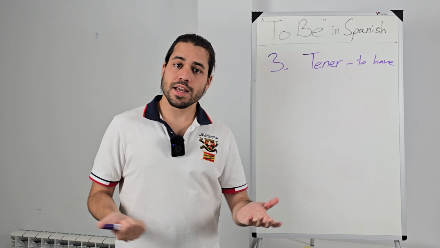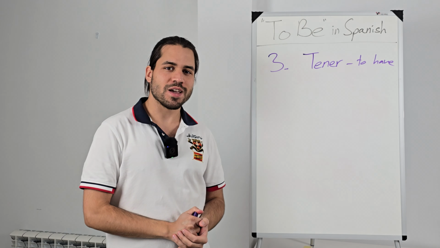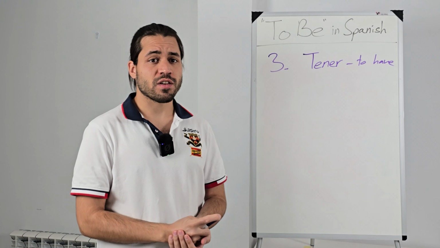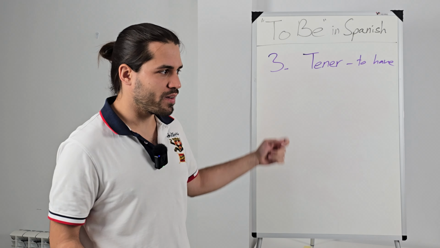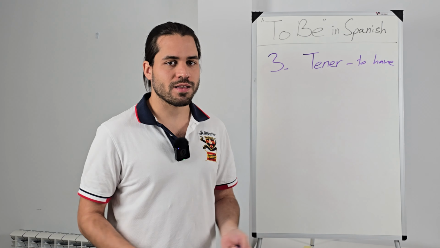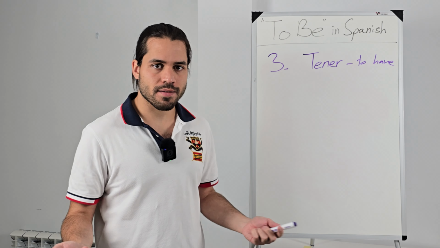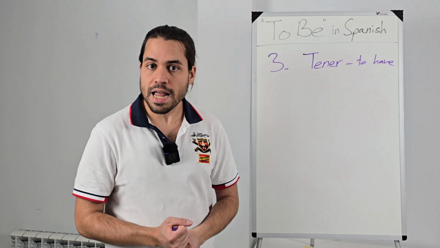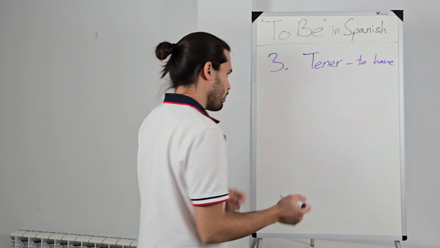So, in English, there are certain states of being that you'd say for certain things, like age, for example. If I say, I'm 29 years old, you wouldn't say, yo soy 29 años or yo estoy 29 años. It doesn't work like that, right? In this case, we would say, tengo 29 años.